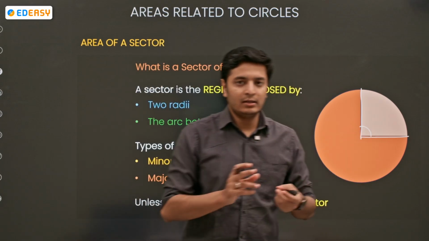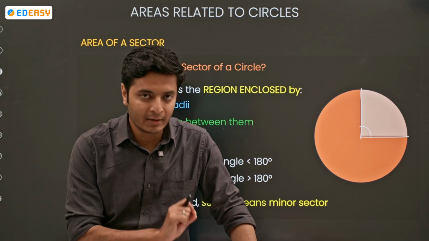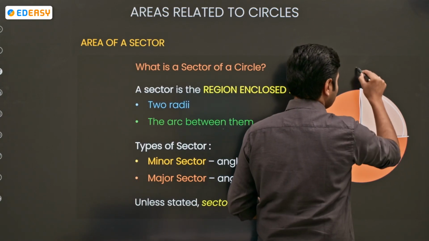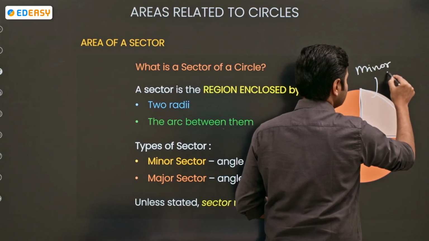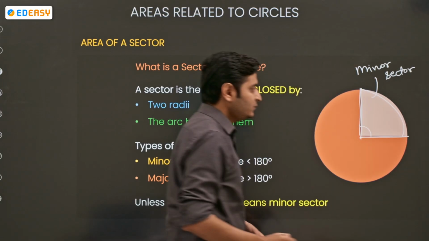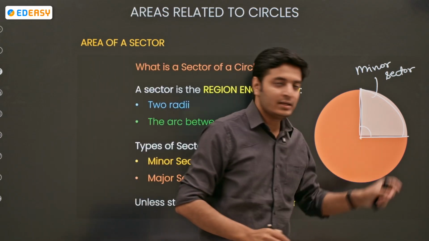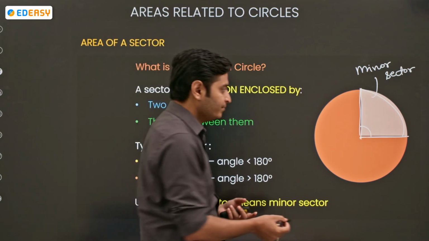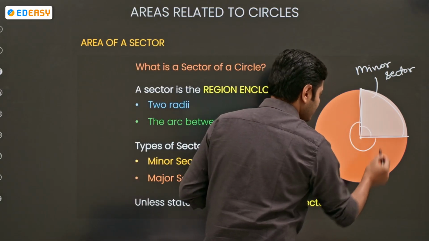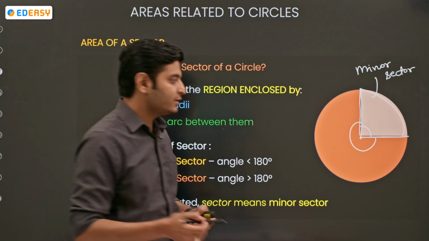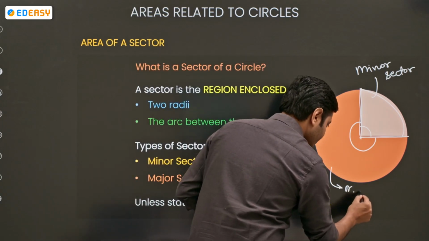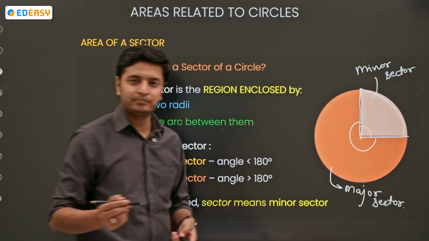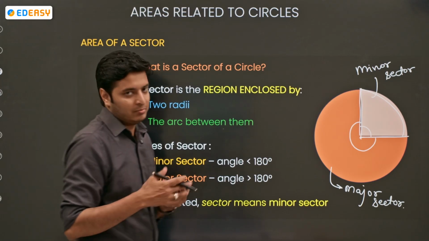So if this angle has a value lesser than 180 degrees, then this portion is a minor sector. If the value of this angle is greater than 180 degrees, then this is a major sector. So that's why this is a major sector. Understood? The difference is the area, of course.